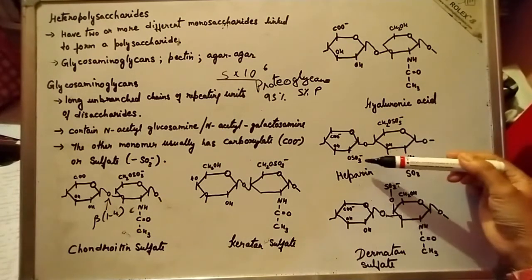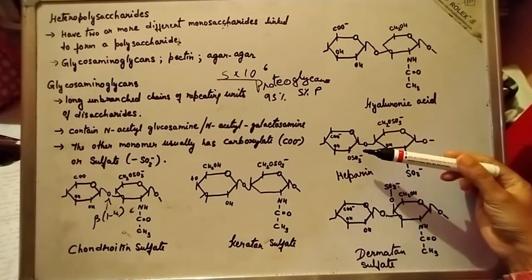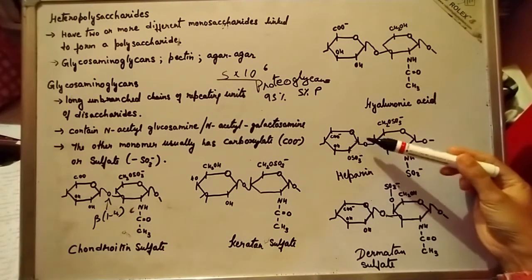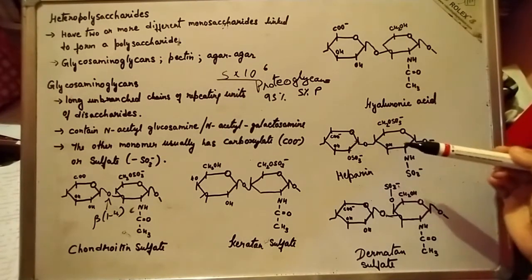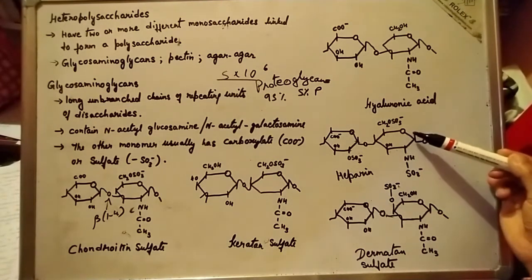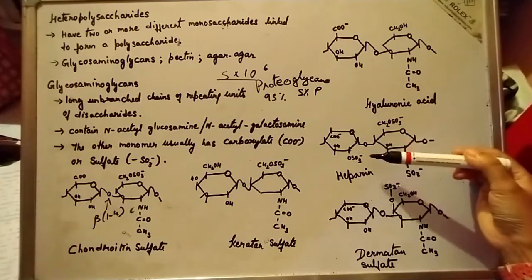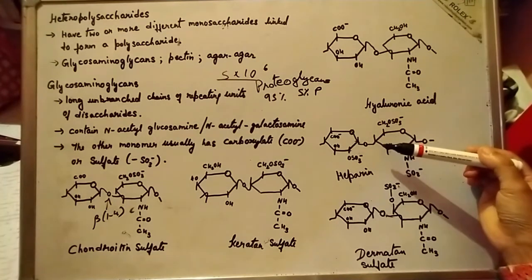This heteropolysaccharide has the repeating unit of the disaccharide L-iduronic acid 2-sulfate and the N-sulfoglucosamine 6-sulfate, and these two are linked together by the alpha-1,4 linkages.